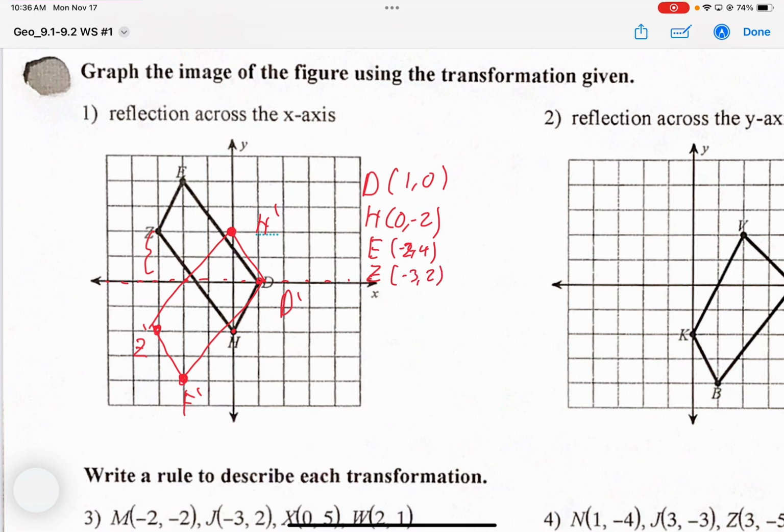If I'm reflecting over the x-axis, we change our y-coordinate. So D prime, (1, 0), doesn't change. H prime becomes (0, 2). E prime becomes (negative 2, negative 4). And Z prime becomes (negative 3, negative 2). Those are the same coordinates that I wrote in red already to the left. Those are the 2 ways you can do the problem. Either way would be perfectly fine.